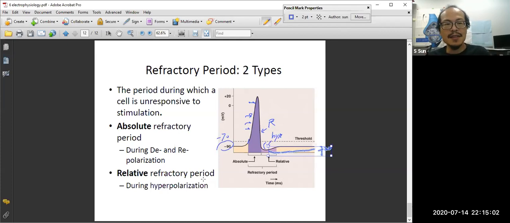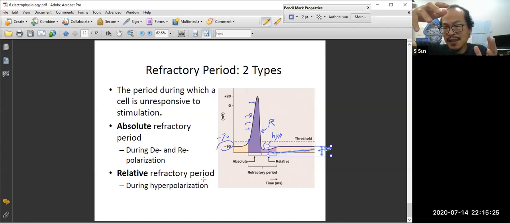All right, so that's the very basic electrophysiology. This one is a universal idea throughout all these excitable cells. And this one laid the foundation for our next talk on each excitable cell. The next one will be muscle cells.